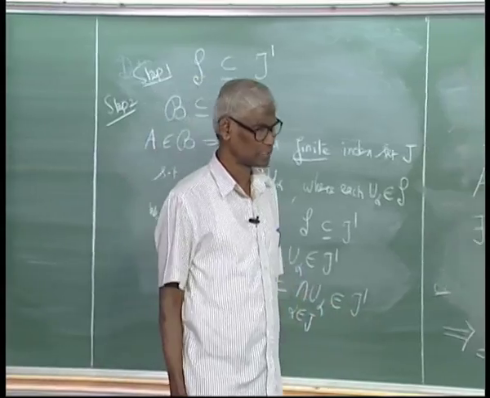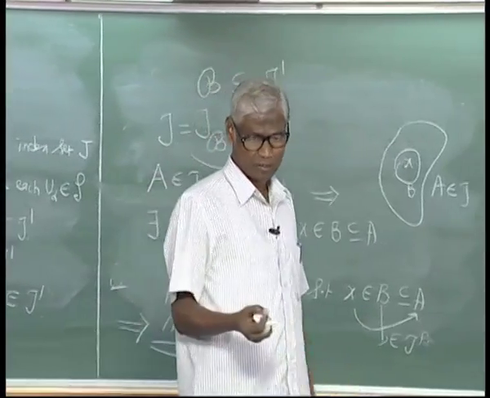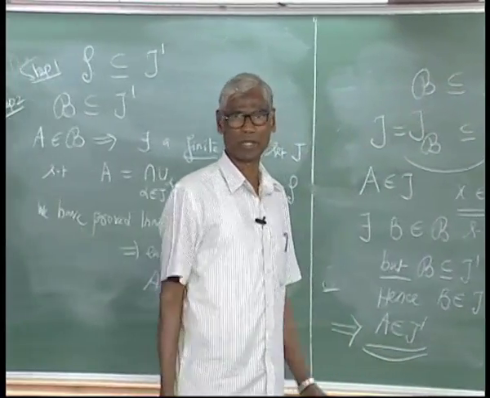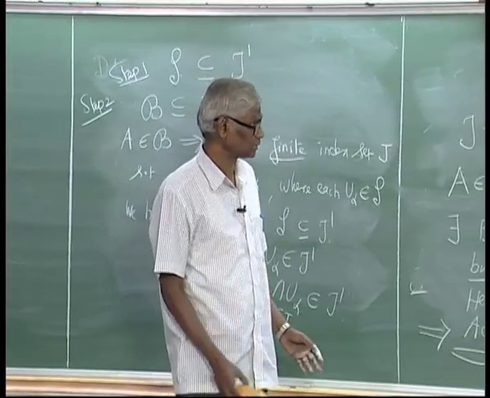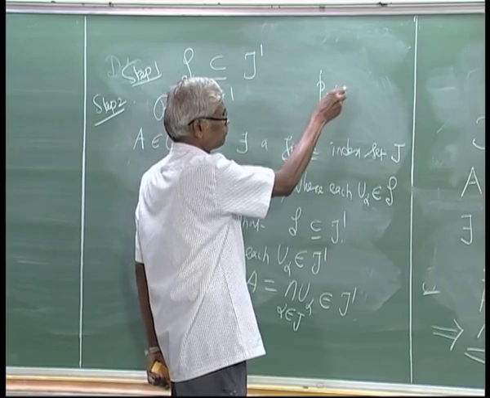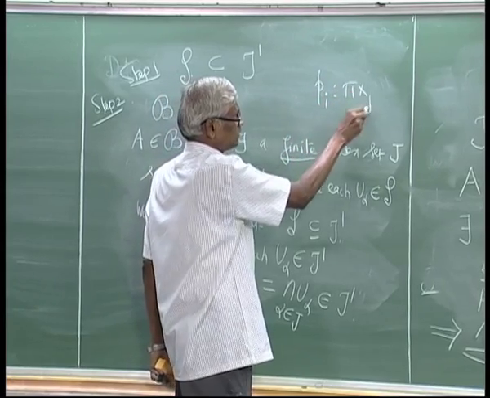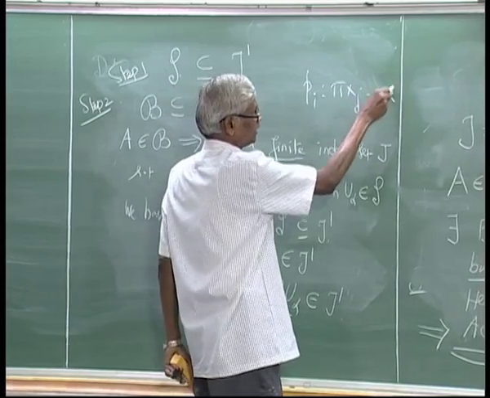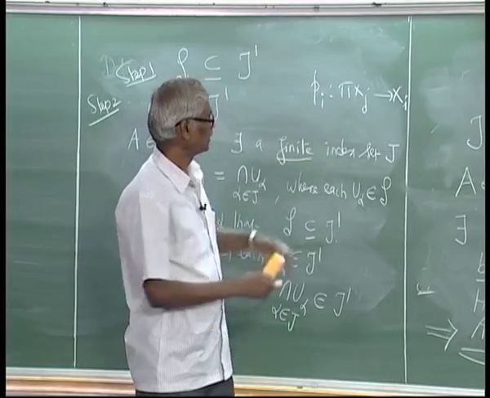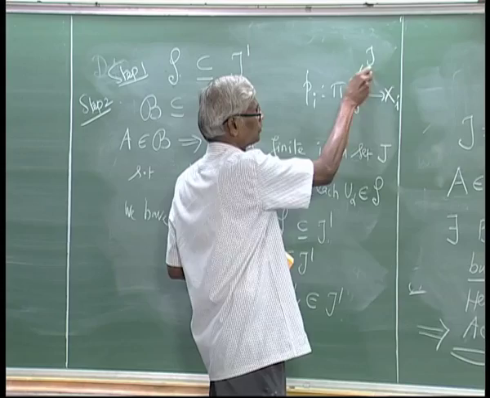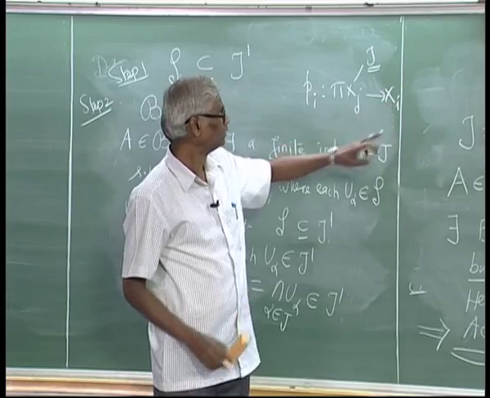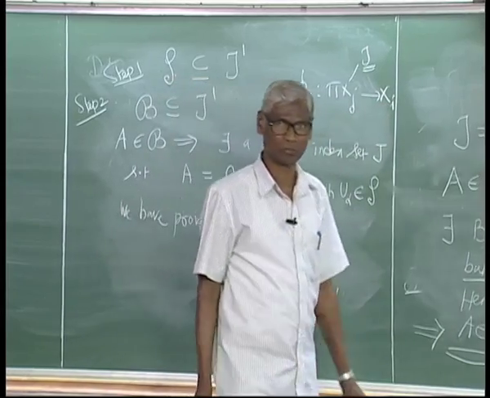That is, we have proved that the topology we have defined on the Cartesian product X1 cross X2 cross Xn is such that it makes each projection function pi from the product to Xi continuous, and it is the smallest such topology tau.